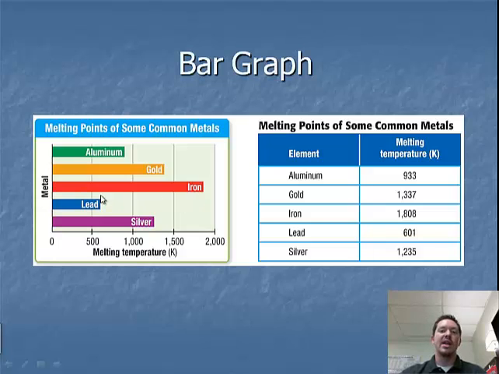We can see that iron melts at a higher temperature than lead does. Again, we have x and y axes here, but independent and dependent variables aren't as set out with a bar graph, because there's not any experimental data taking place. This is just comparing a couple of different items.